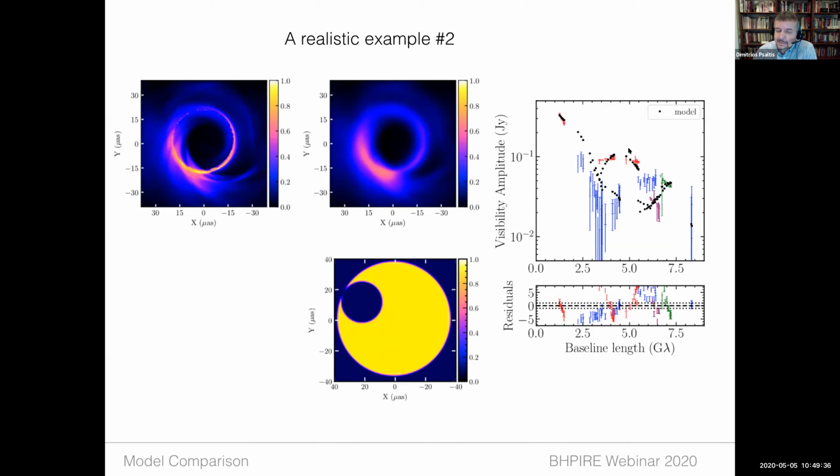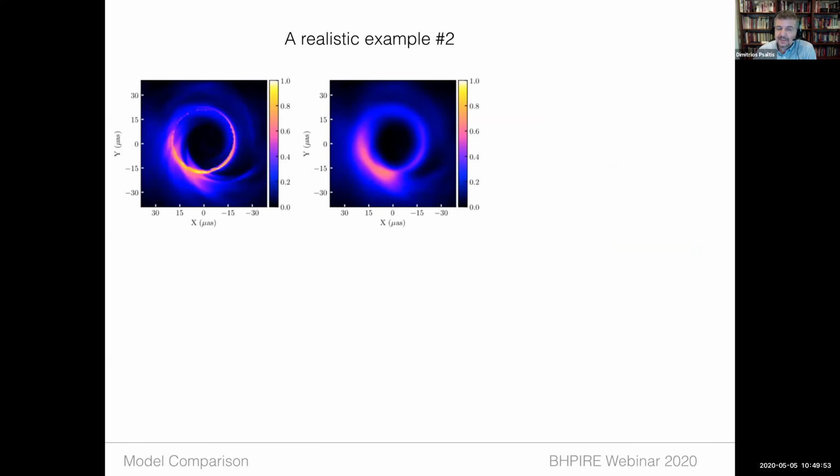So we might think that the way to move forward is to start adding more structure to the model. Suppose that I add another Gaussian to this crescent model, to try to reproduce this little extra thing that happens here. So start from the same image, but fitted with a crescent plus a Gaussian.